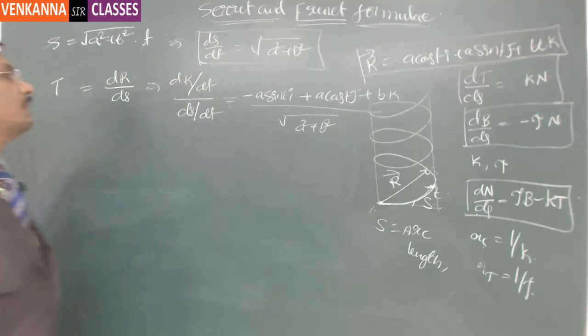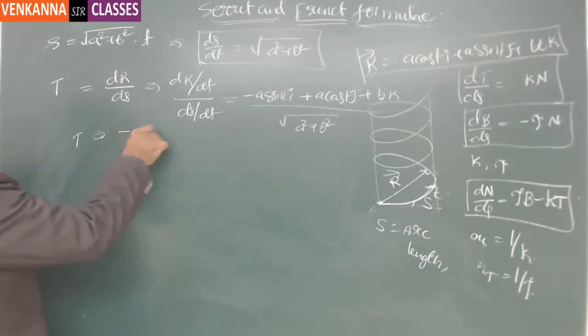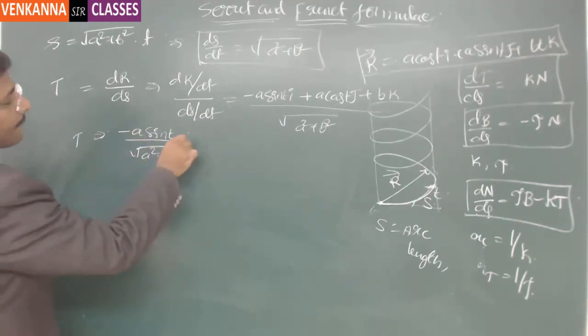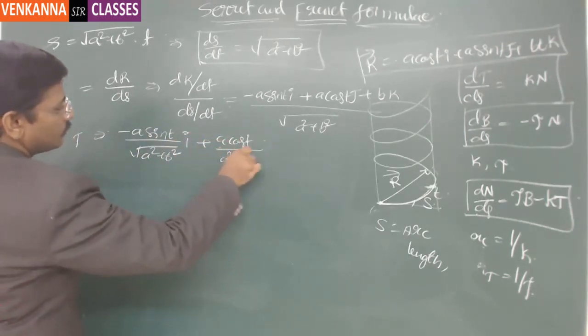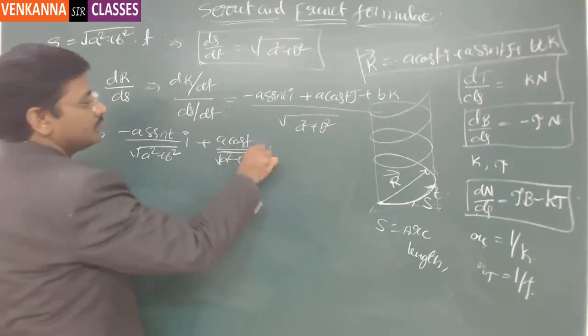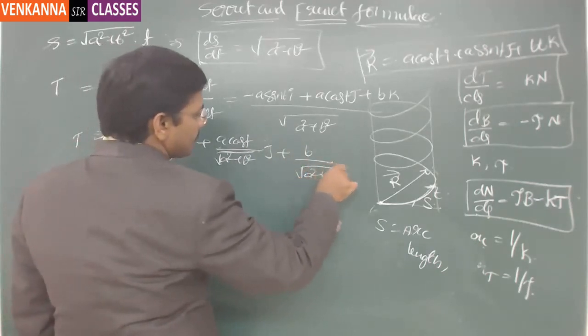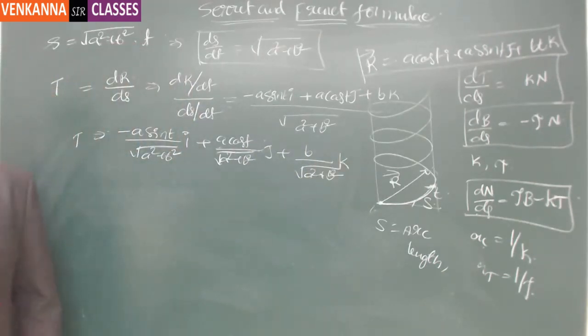This is dr by ds, which is the tangent vector. So the tangent vector is minus a sin t divided by square root of a square plus b square times i, plus a cos t divided by square root of a square plus b square times j, plus b divided by square root of a square plus b square times k. So this is the tangent vector. Got it or not? Understood?